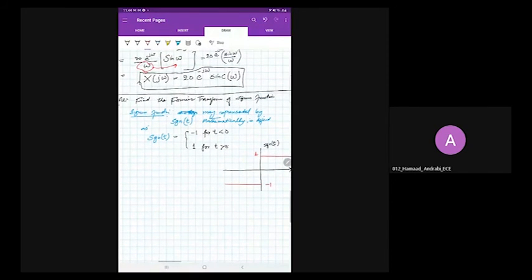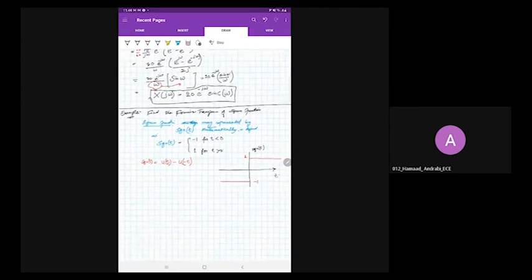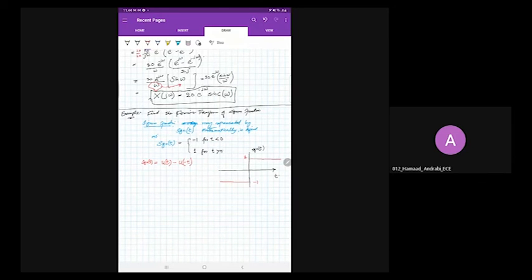And do you know that signum function can be also written as combination of two step functions, u of t plus or minus u of minus t. A signum function can be written as combination of two step functions.